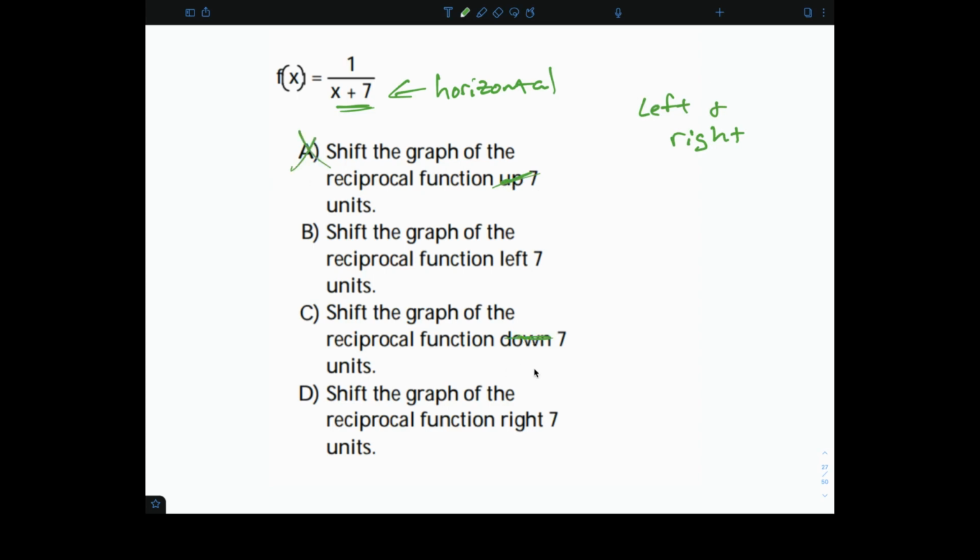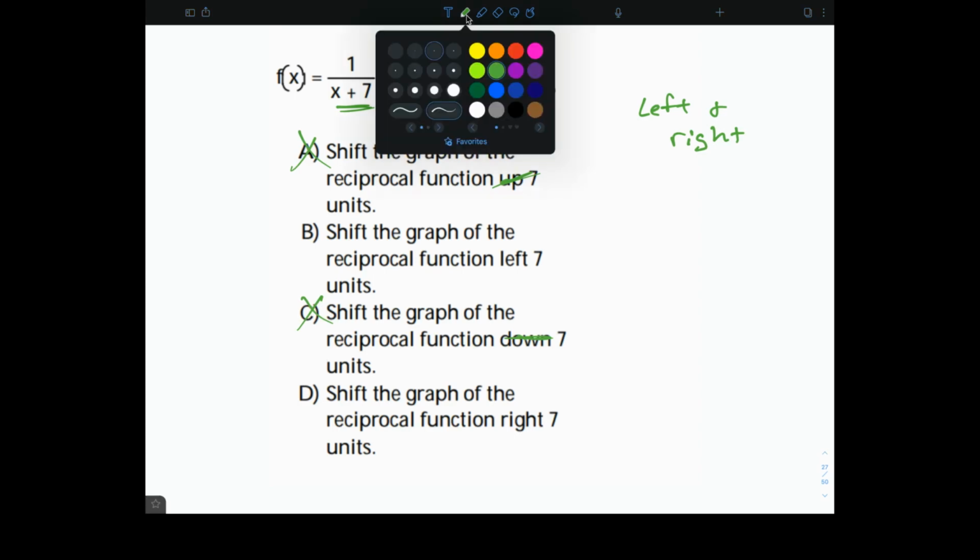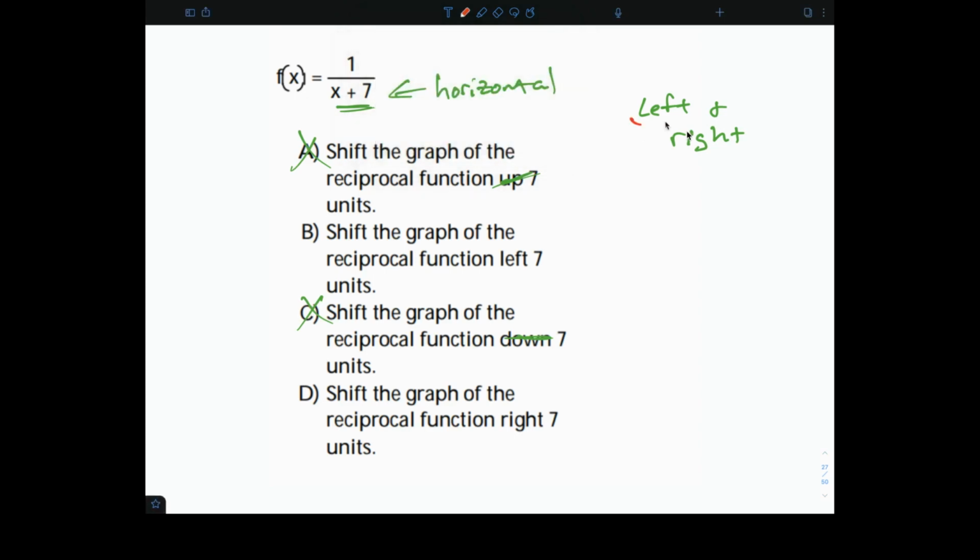Anything talking about down is wrong. We also know that with x, it's the opposite. The joke is, what do you learn from your x? You learn you want to do the opposite. So if it's plus, plus usually is to the right, which means that this one is going to be to the left. B is the answer. D is not. So when it's related to x, remember, it is the opposite.